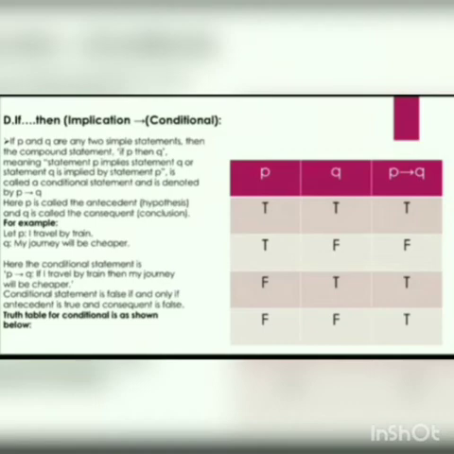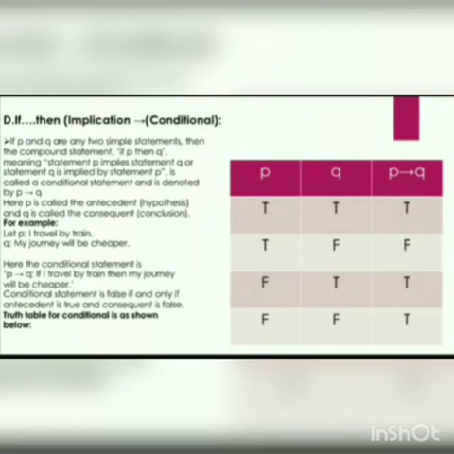Here P is called antecedent or hypothesis and Q is called consequent or conclusion. For example, let statement P be I travel by train and statement Q be my journey will be cheaper. Here, the conditional statement is, if I travel by train, then my journey will be cheaper.